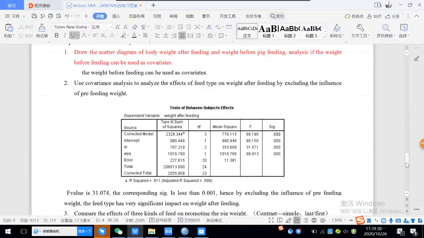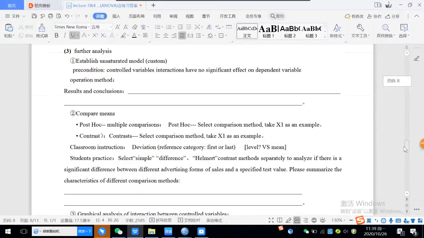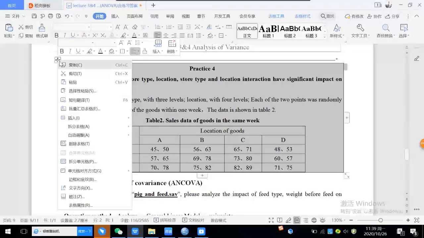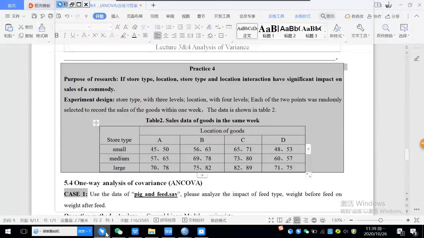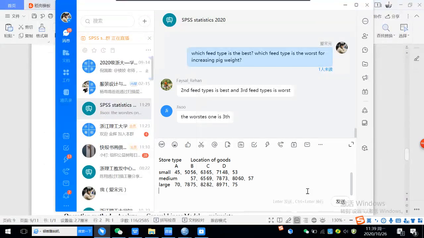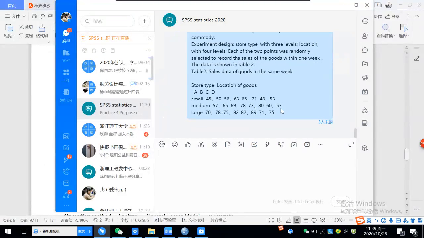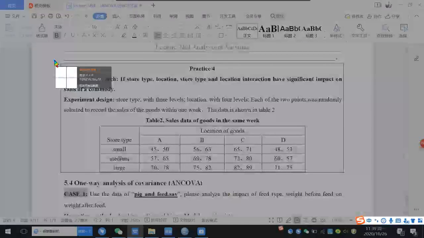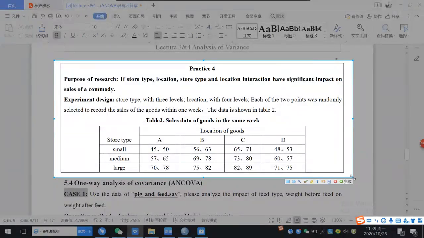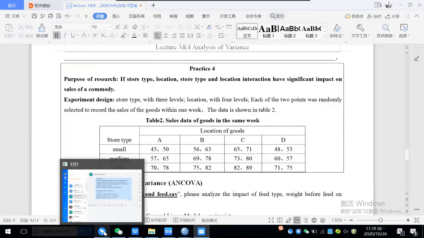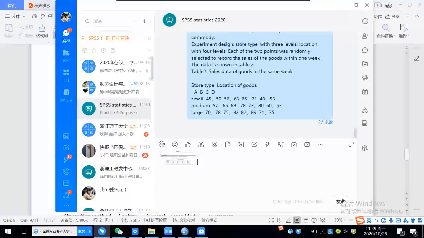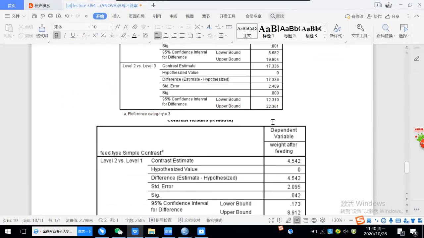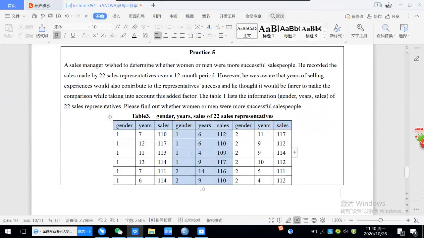Please complete practice 4 and practice 5.